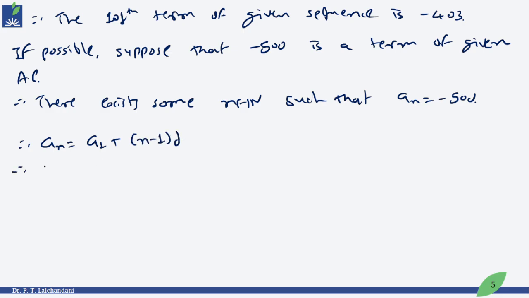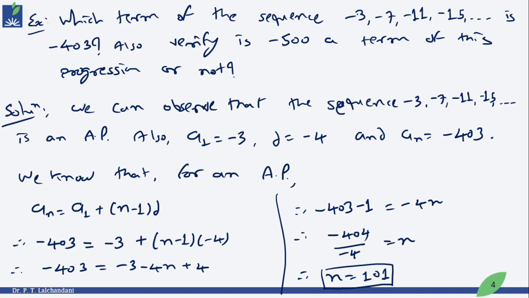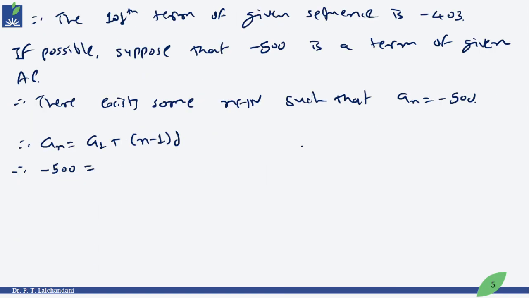Let us put the values. An is equal to minus 500 in this case. We know that a1 is equal to minus 3 and the consecutive difference is minus 4, right? So a1, that is minus 3, plus n minus 1 into d, that is minus 4.